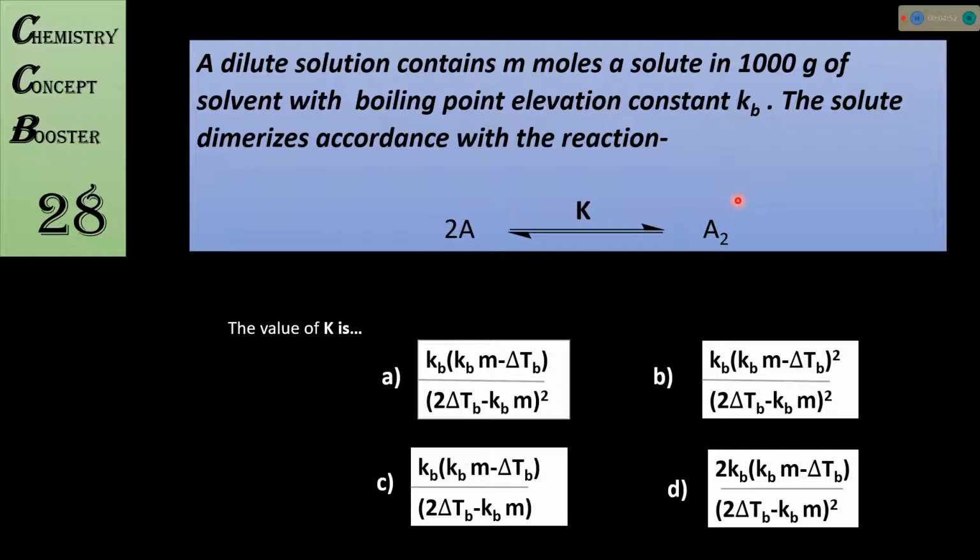Since colligative properties depend on the number of particles of solute, and here the solute dimerizes to form a dimer, 2 moles now become 1 mole, so we will observe a smaller value of colligative properties.